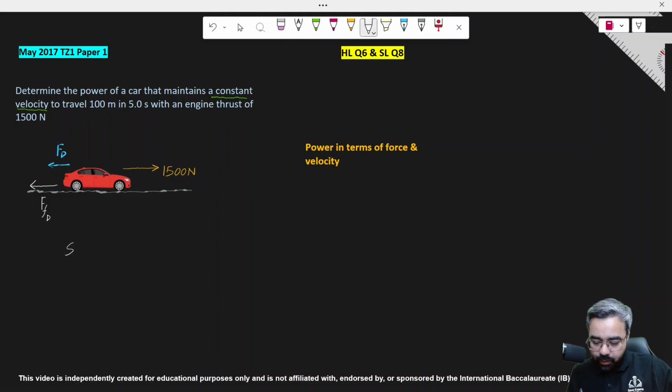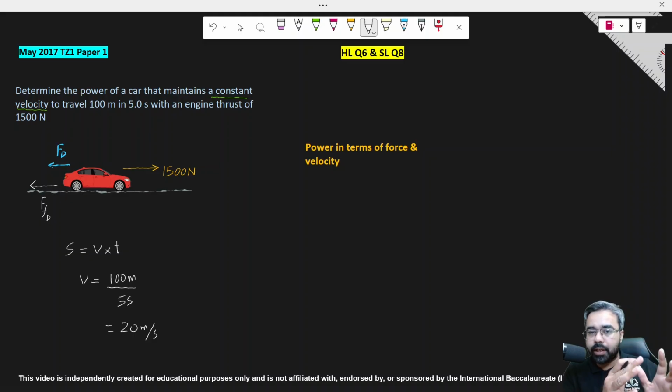And what is the constant velocity? Because it is moving with a constant speed, you can find it simply: 100 meters is covered in 5 seconds, so that is 20 meters per second. Now, what is the power? Before we directly apply the equation, let me show you the relationship between power, force and velocity.